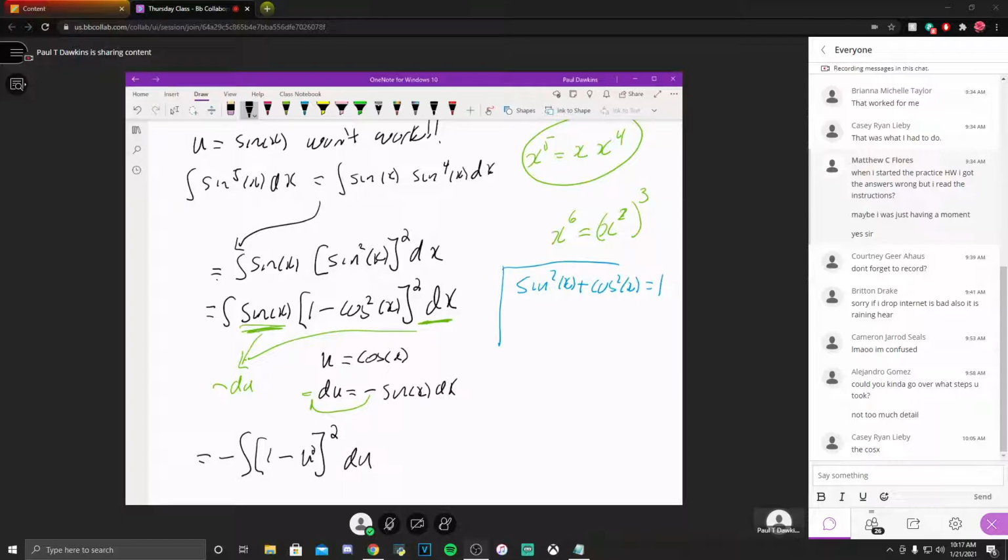Well, the only way I could do that is if that thing there was an odd number. So if I've got an odd exponent on this sine, what can I do? I can simply take one of them, strip it out. What's left over is an even number. I can convert the even number to squared of whatever I need it to be. And then the sine squared here, I can convert over to cosines using our formula.